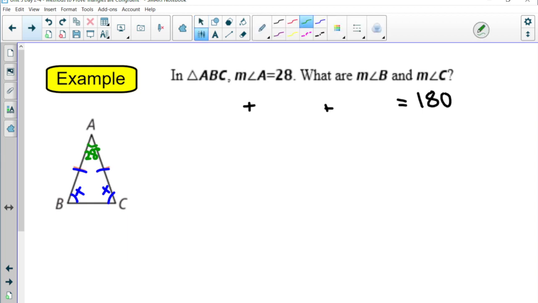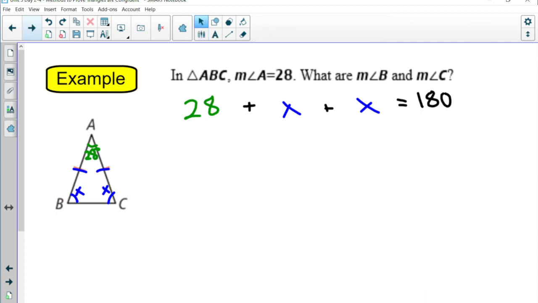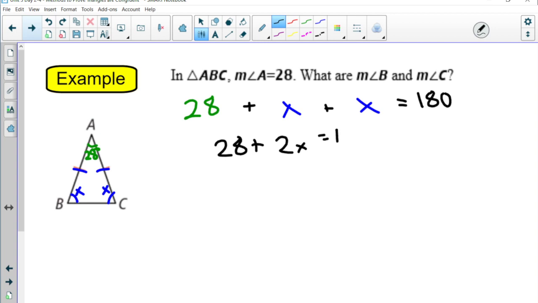That's a very, very handy tool in trying to solve for the angles in a triangle. So I know that the angle A is 28. And I don't know what B and C are, but I do know that they're the same, which is why I'm calling them X and X. They're both X because they're the same measurement. So when I go to solve this, I'll have 28 plus X plus X, which is 2X, equals 180.